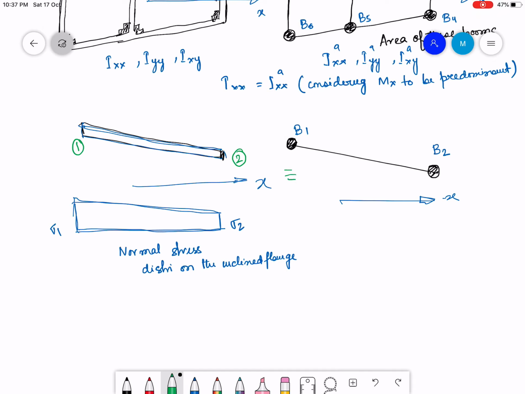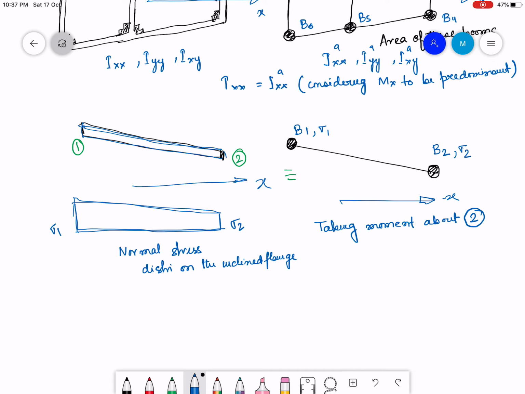Now if I take moment about 2 of this stress distribution and parallelly the skin-stringer configuration, the stress at boom 1 is going to be sigma 1 and at boom 2 it is going to be sigma 2.